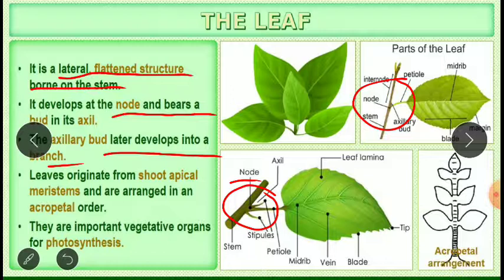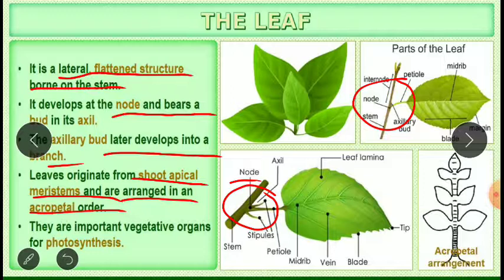Leaves originate from the shoot apical meristems and are arranged in an acropetal order. Now, what is this shoot apical meristems? About the meristems, we will be studying in detail in our next lesson, that is anatomy of the flowering plants. There we will see what are these meristems.